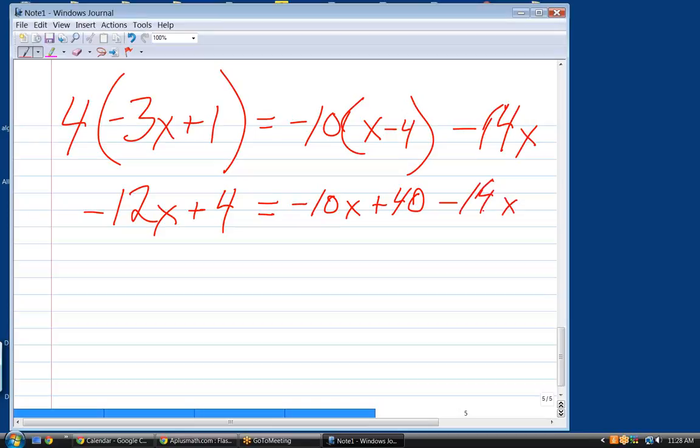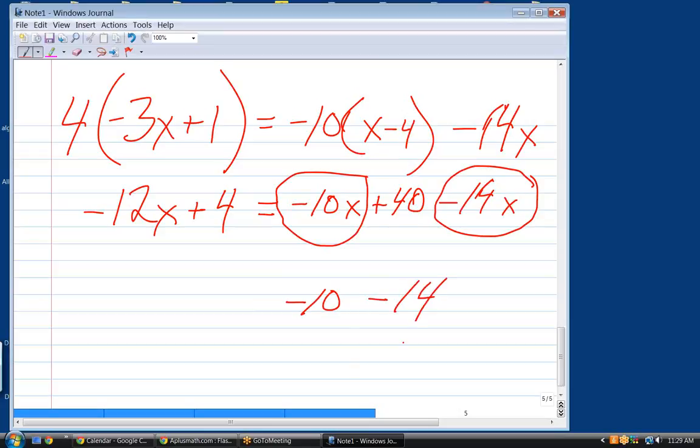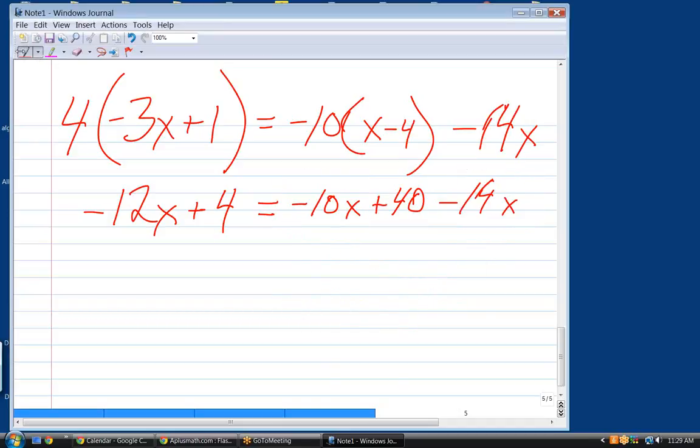Okay? Now, we've got x's on the left side of the equation. We got x's on the right side of the equation. Let's at least combine our x's on the right side. In other words, rather than having to deal with all three of them separately, let's combine that one and that one. Now what this is, minus 10 minus 14. So that would be minus 24.